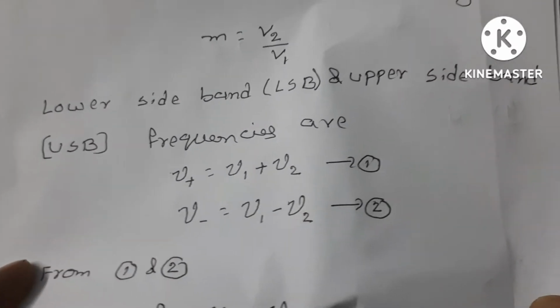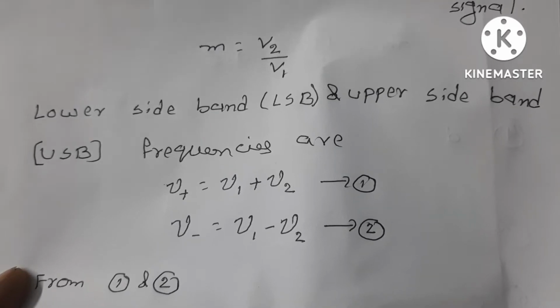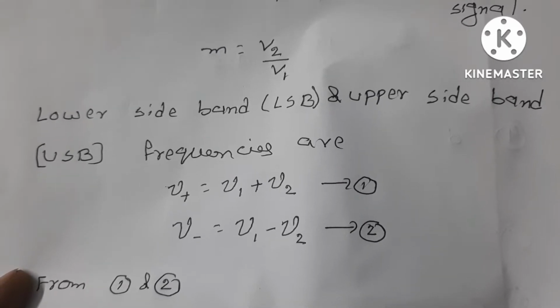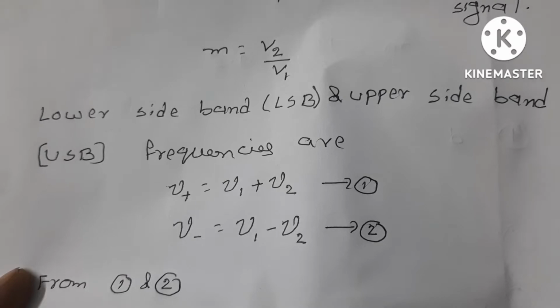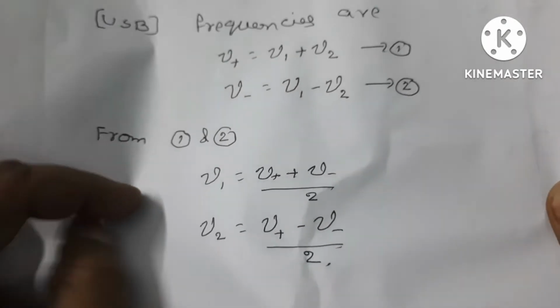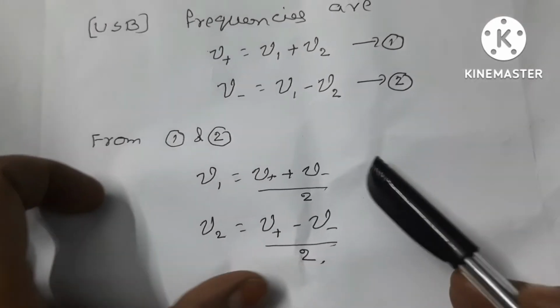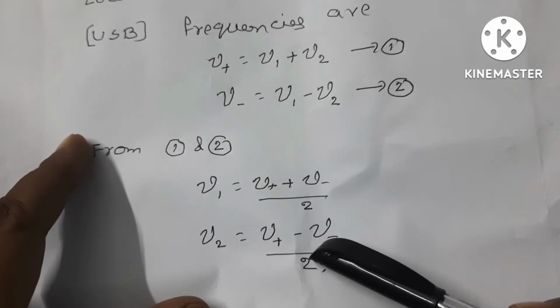What are the lower side band and upper side band frequencies they have given? ν+ equals, we should add the two frequencies, ν1 plus ν2, and the lower frequency ν− equals, we have to subtract them. So from equations 1 and 2, what are we getting? ν1 equals (ν+ plus ν−) by 2, and ν2 has the minus in between.